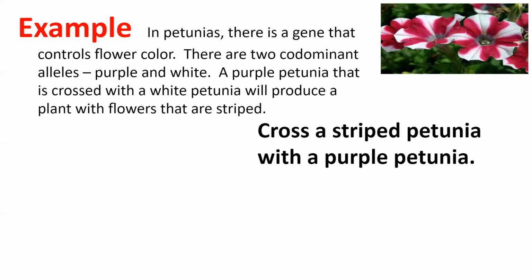Okay, so based on my filled-in square, what are my genotype percentages? 50-50. Okay, so we have 2 purple and 2 striped. Oh, sorry, no. Did you say all of them are purple? No. Oh, homozygous dominant, there you go.